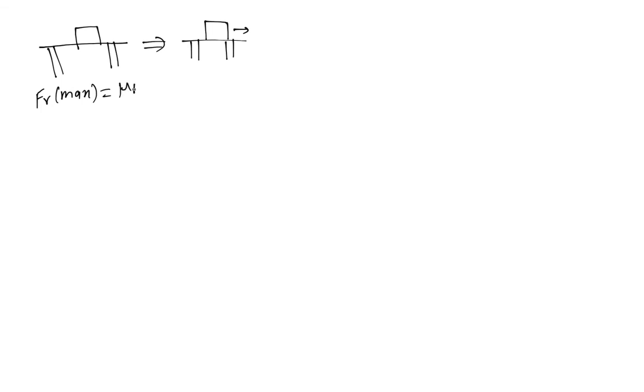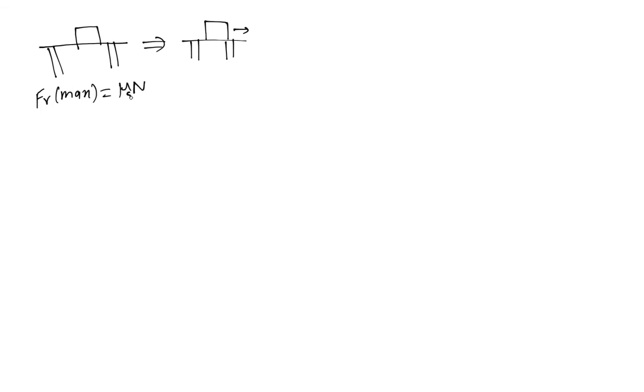But let's move on to the next step. What happens if you keep applying the force and the body breaks off? So it starts moving now. Just before moving, the force of friction acting is mu n.